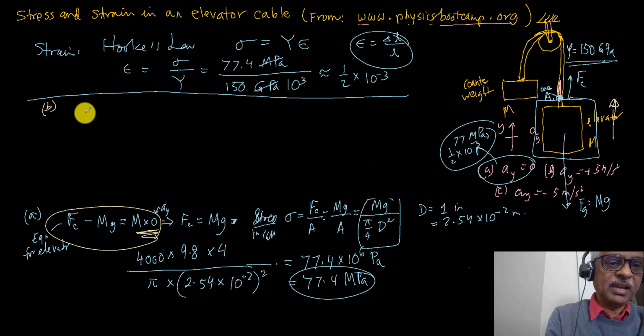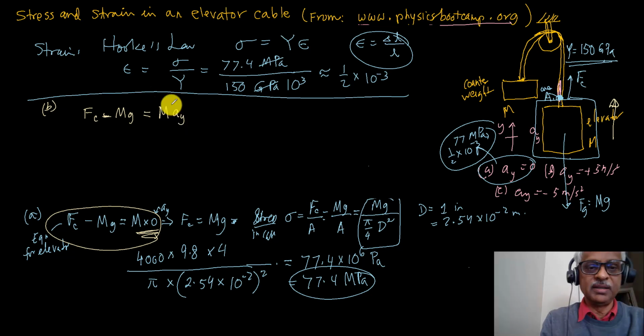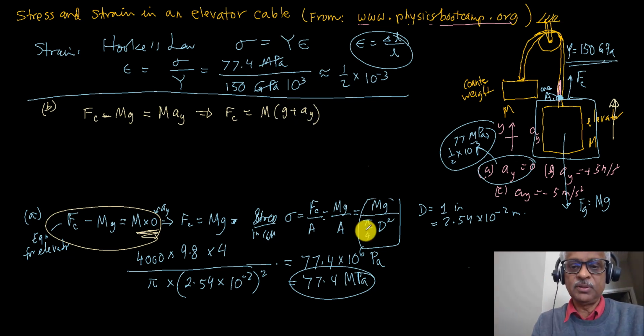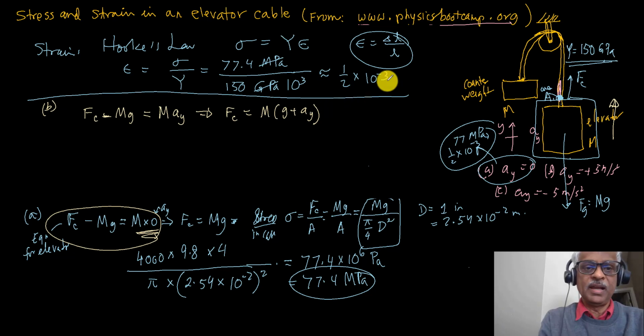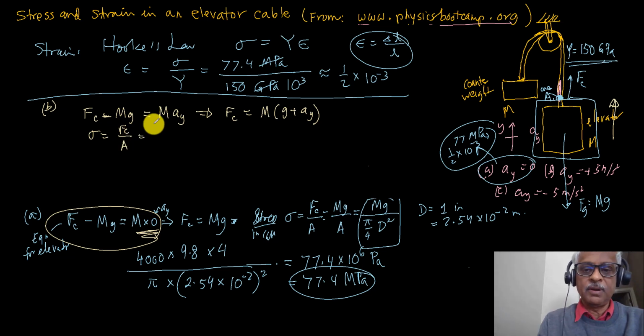It's going to be FC minus mg equals m times ay, and so this gives me FC equals m times g plus ay. If I convert that to sigma, it will be FC over A, and A is the same.